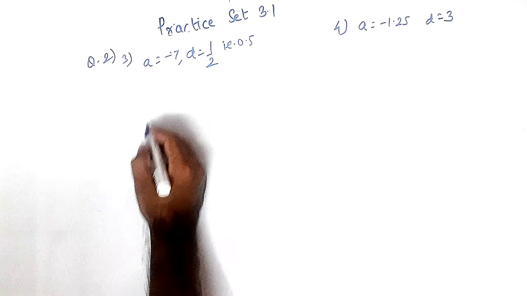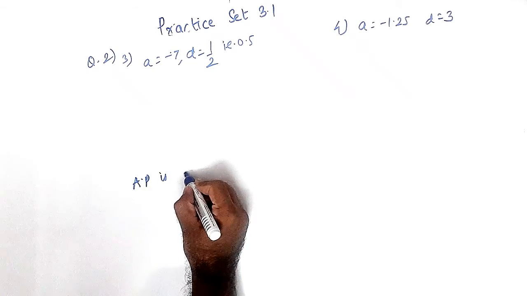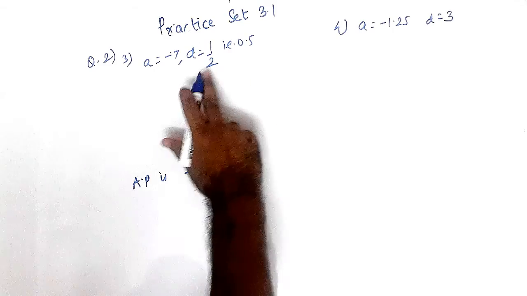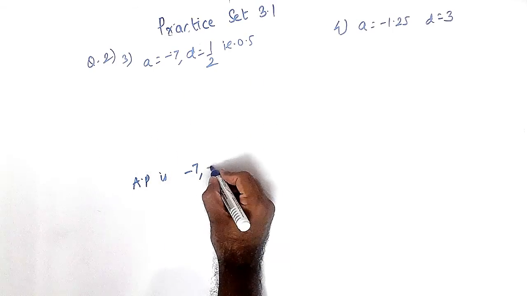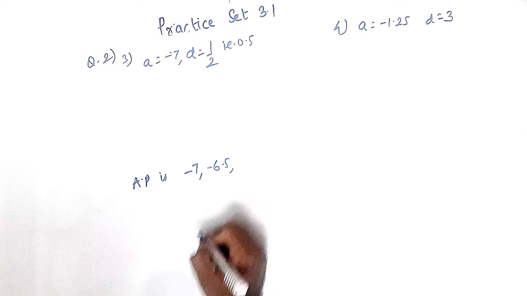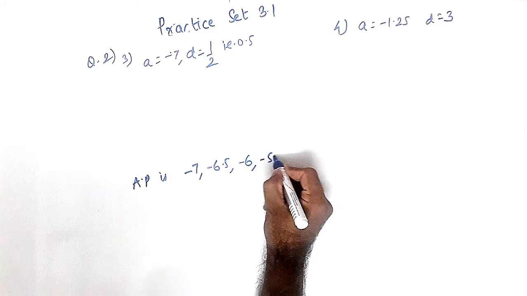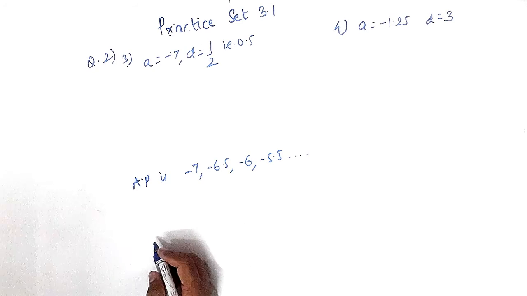So I can write the AP is, it starts from minus 7 and you have to go on adding half. Minus 7 plus half is minus 6.5, plus half is minus 6, plus half is minus 5.5, and so on. Okay, you can write it and then you have to show the steps.